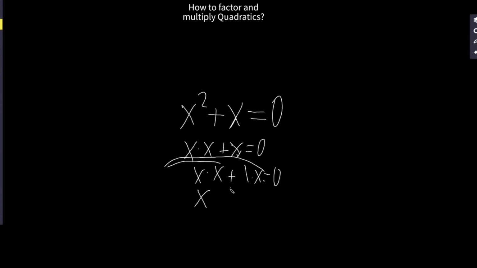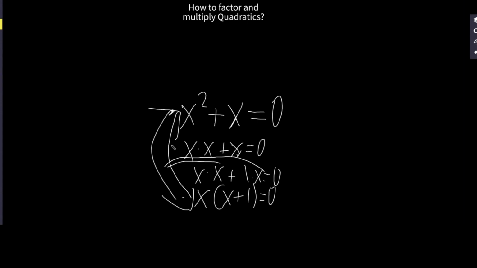So this is x times x plus 1. So basically what we did is that we rewrote this original expression into this expression right here, just from the rules we stated at the beginning of the video.